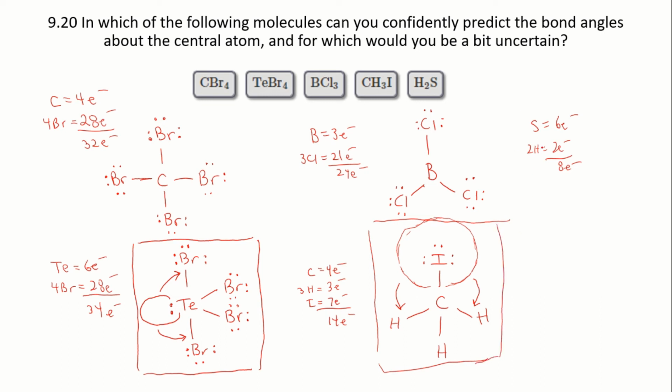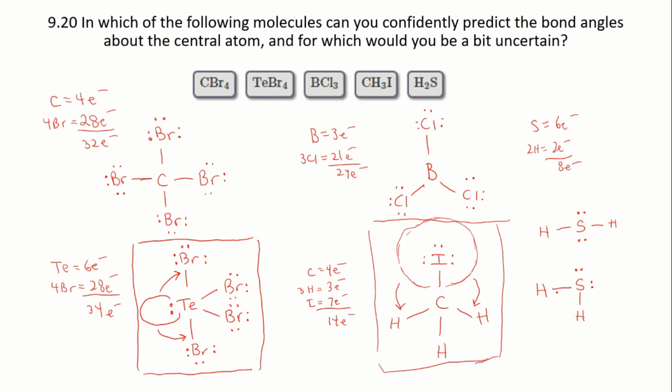And the last one, this is just like water, similar to water in that we've got sulfur, and we've got 2 hydrogens, right? So if we think about that in the tetrahedral, we've got 4 electron domains. We think about that in the tetrahedral electron domain geometry.